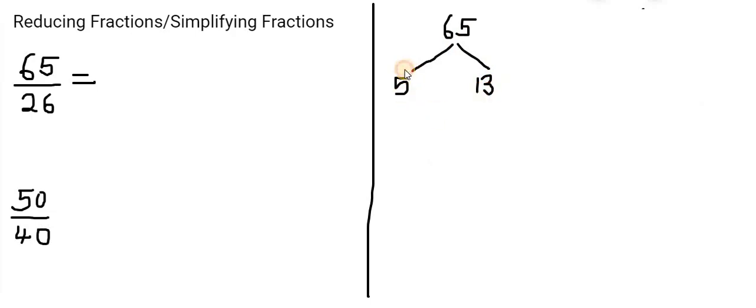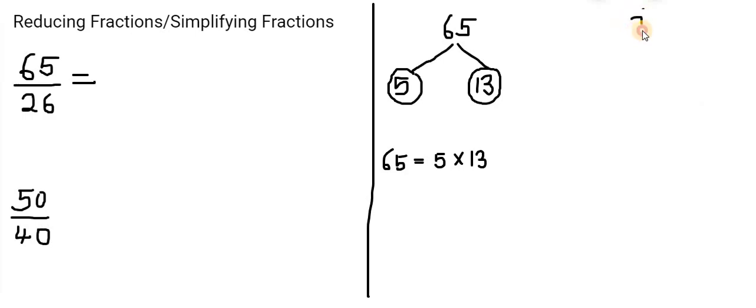Now, 5 is a prime number. Remember, you should know your prime numbers between 1 and 20 by heart, because 13 is a prime number. So 65 is 5 times 13 as a product of prime numbers, or its prime factors, shall we say.